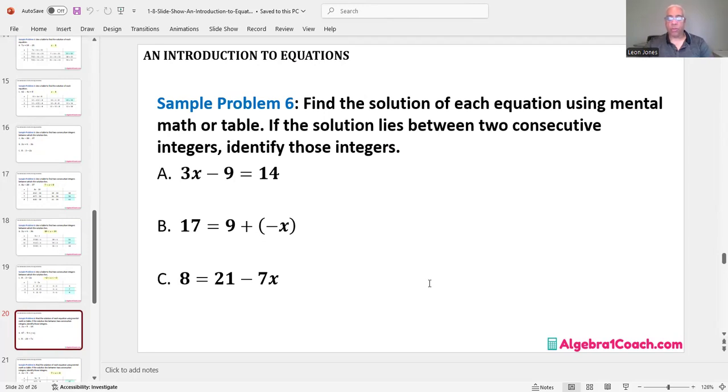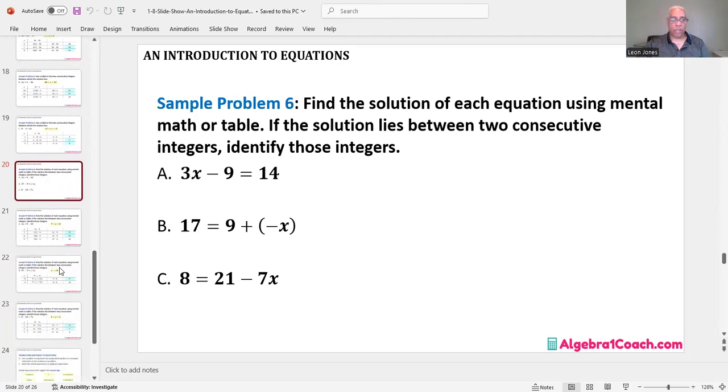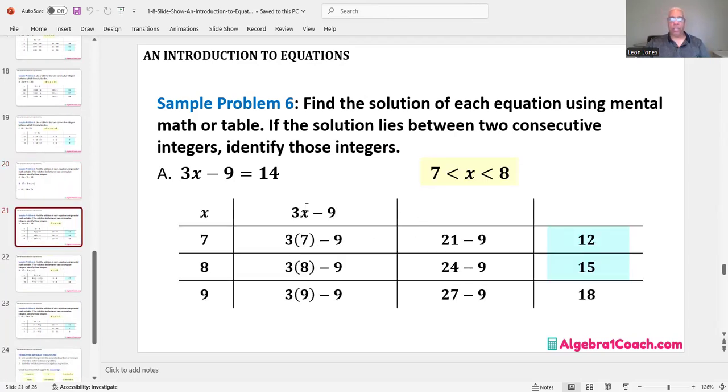Sample 6, find a solution of each equation using mental math or a table if the solution lies between two consecutive integers. 3x minus 9 equals 14. 17 equals 9 plus x. 8 equals 21 minus 7x. Let's see what they did.